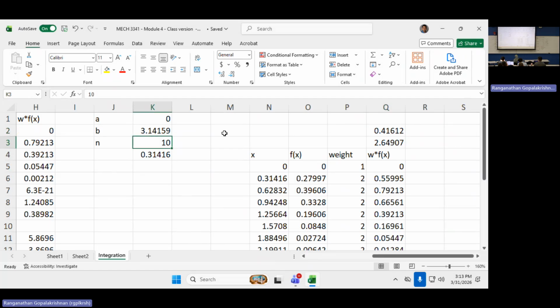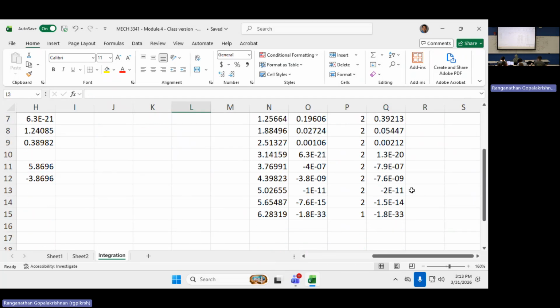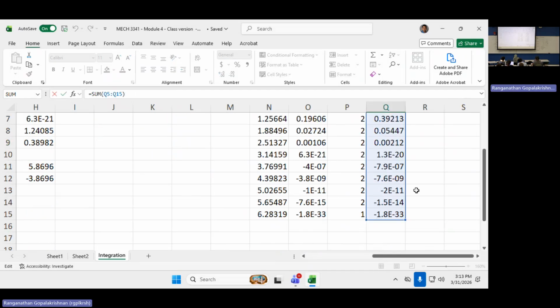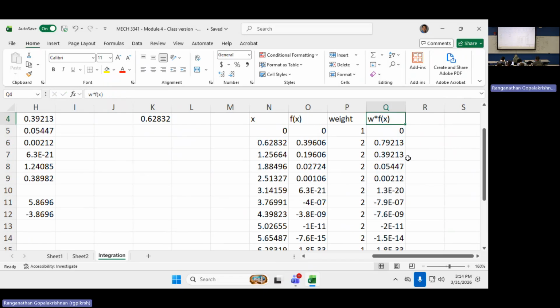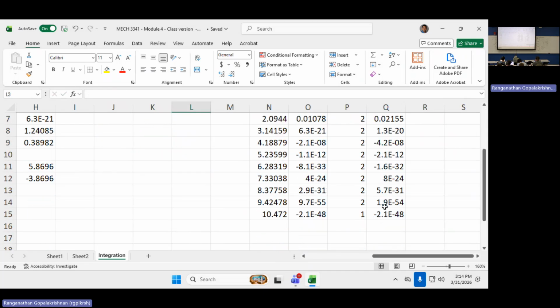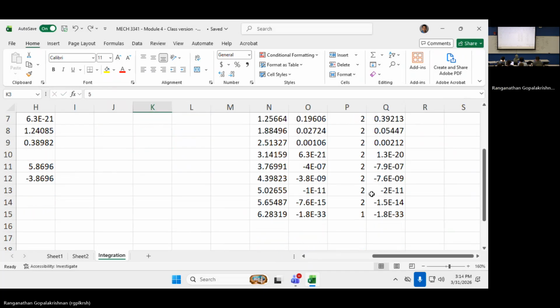Let's go back here, do 5 segments. Okay, the summation should be up to 3.14. Okay, so 0.3898 and 3 segments, the summation, oh, sorry.